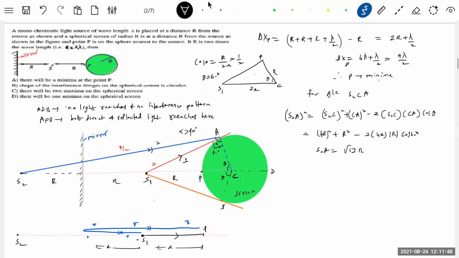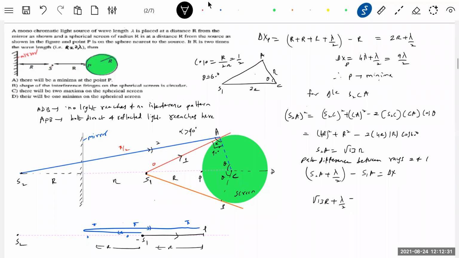Now, let's go for the path difference. Here, S2A plus lambda by 2 minus S1A should be equal to delta x, the path difference between rays 2 and 1. S2A is what we have found, root 13R. We don't know S1A, no?